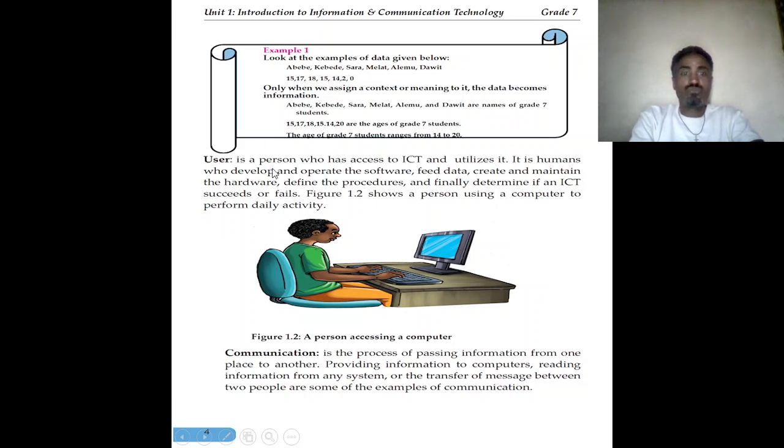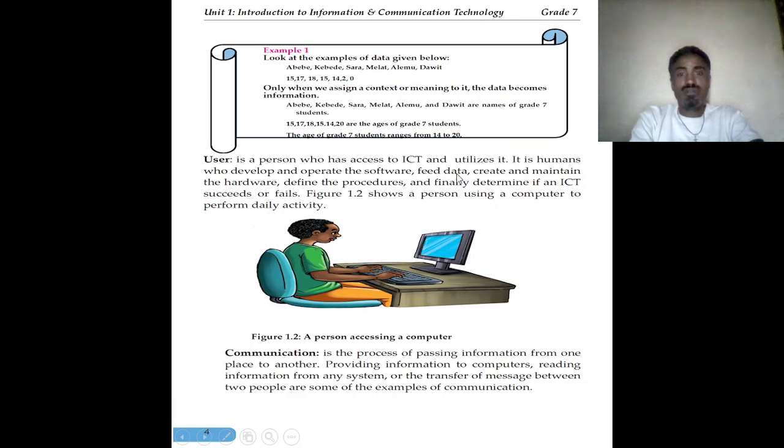It is humans who develop and operate the software by itself. It is developed by persons, humans. It is humans who develop and operate the software, feed data, create and maintain the hardware, define the procedures, and finally determine if an ICT succeeds or fails. Humans can produce software and use software again.